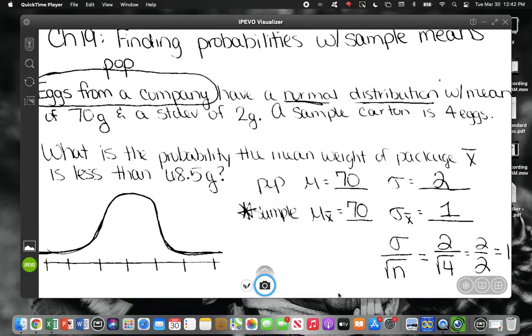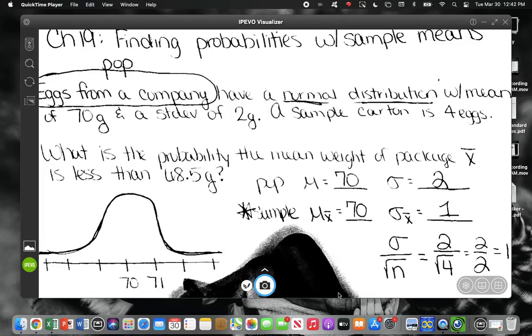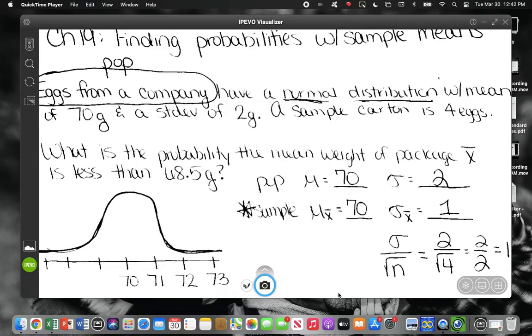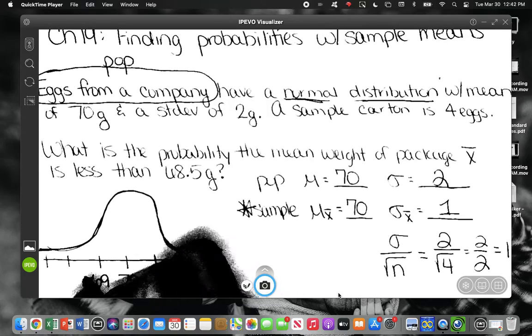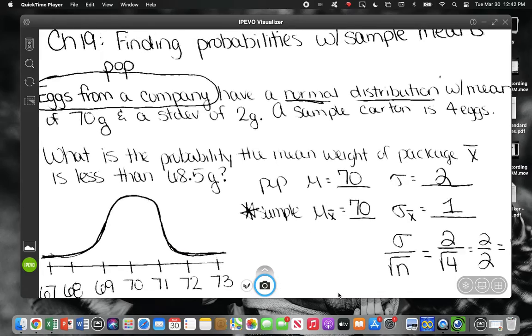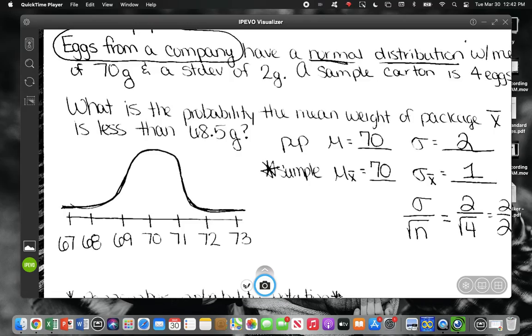We've got our mean of 70. It's going to go right in the middle, and our standard deviation is just 1. So we add 1 to go to the right side and subtract 1 to go to the left. Do you guys feel like we've done this enough? Are you okay with making the curves?